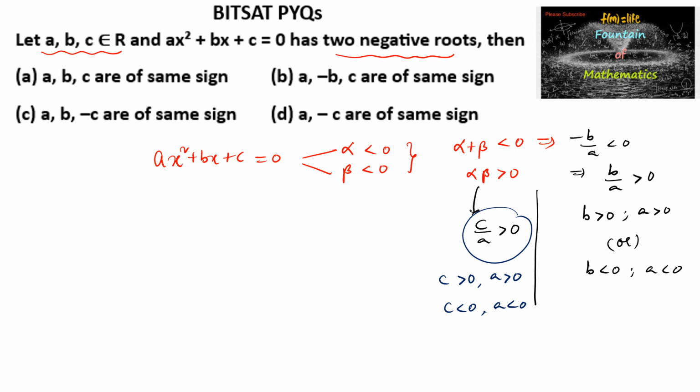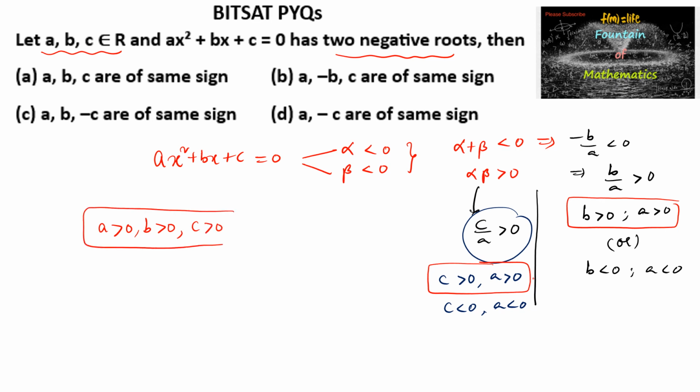So when a is positive, c is positive, and b is positive. So we can conclude when a is positive, b is positive, and c is also positive. All are of the same sign.